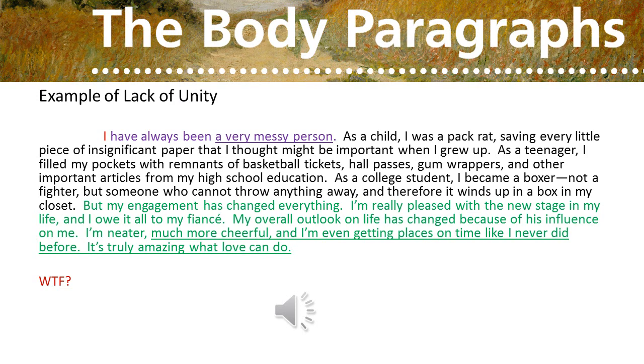It is a failure. Because the writer did not stick to the controlling idea of a very messy person and wound up spinning off into some rhapsody about her fiancé and how amazing love is. That's not what you're supposed to be writing in this paragraph. You're supposed to be writing about being a messy person.